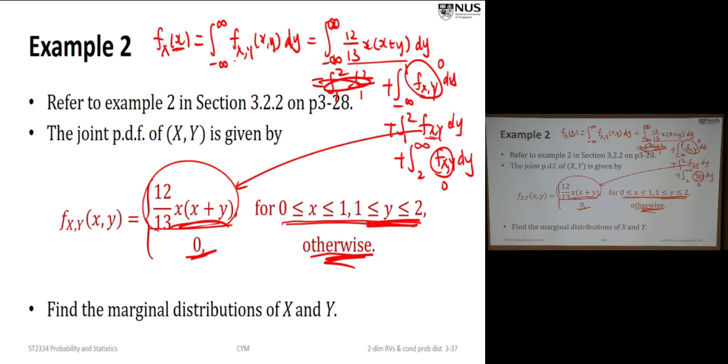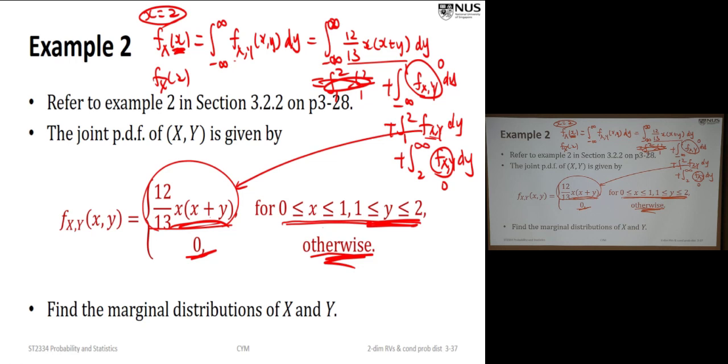But there's one more thing that you have to make clear. Is it true for all x values? No, because this joint PDF equals this expression, x has to be between 0 and 1. So in other words, if x equals 2, I cannot proceed like this.